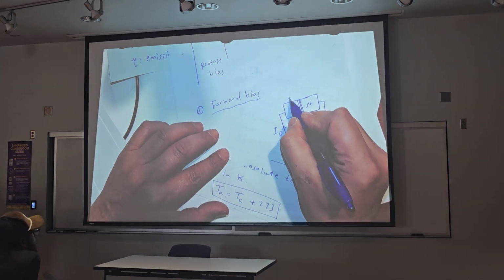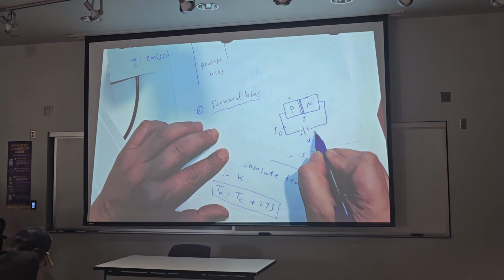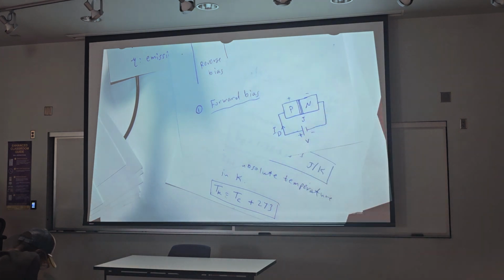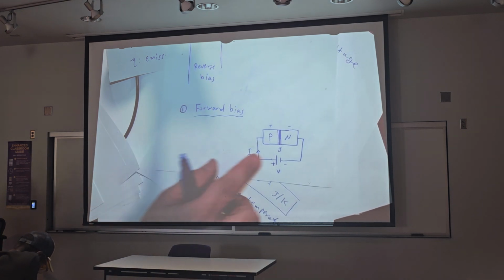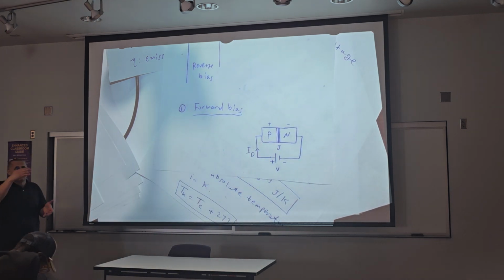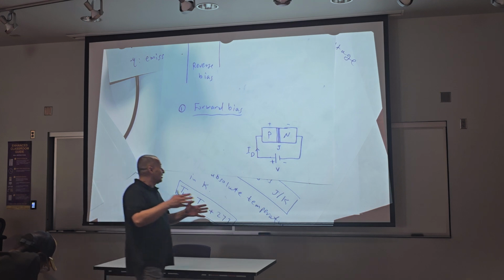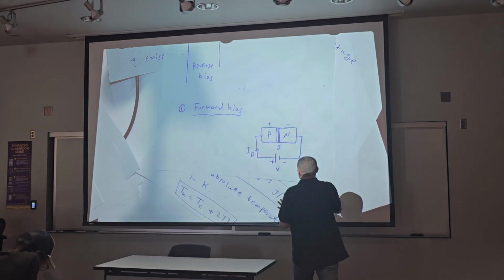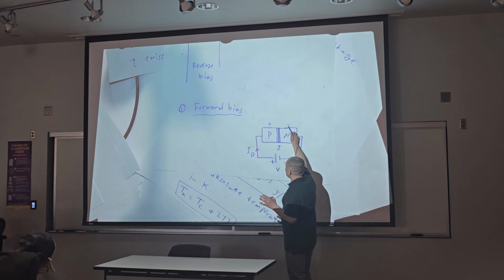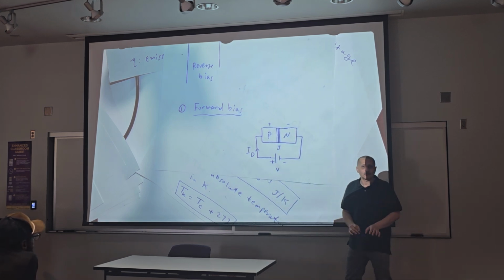Positive to positive, negative to negative, because P holds positive holes and N holds negative electrons. Positive to positive, negative to negative is forward bias.